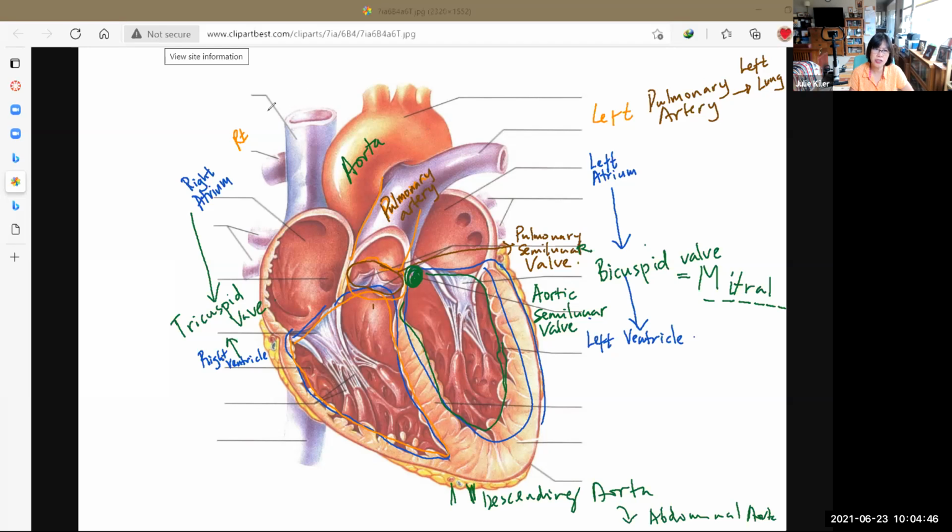Now, what are these two things? Anybody can tell me? What is this and this? So we learned about the aorta: after we get the clean, oxygen-rich blood, we eject it through the aortic semilunar valve.